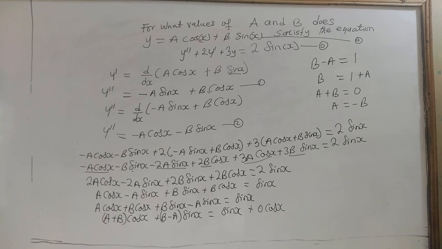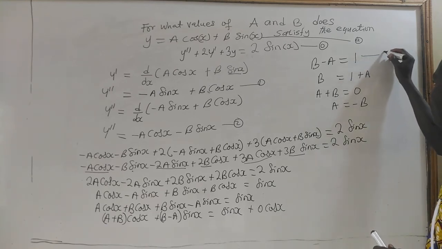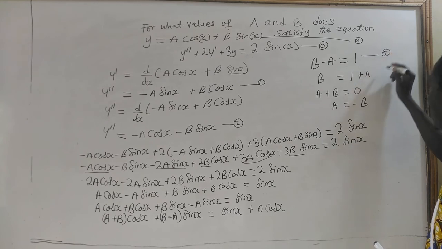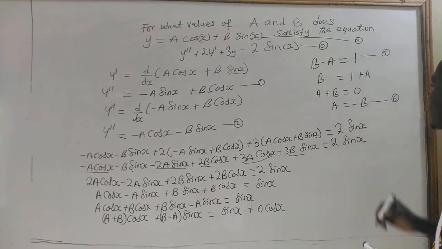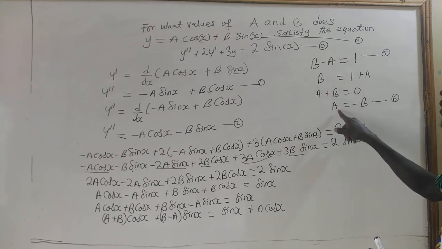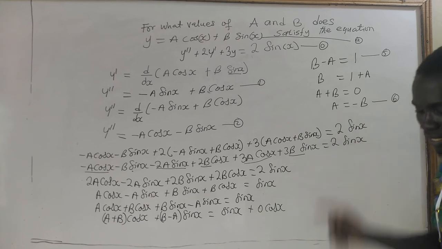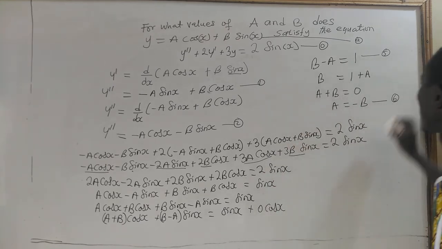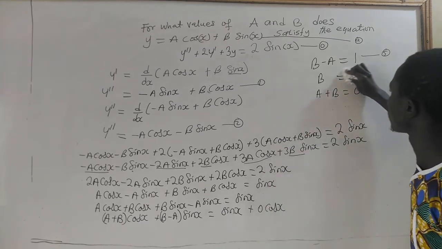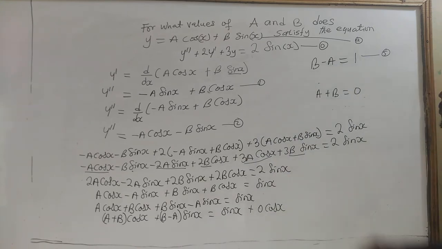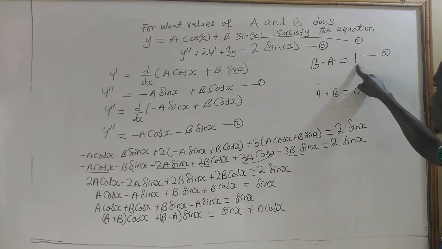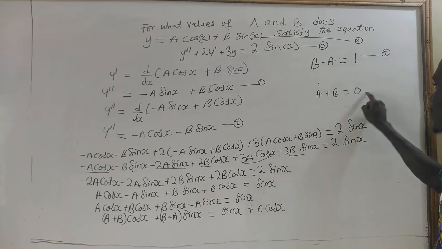So what do we have? We have equation 5, and let's name this one equation 6. So how do we solve it? A equal to negative B. Okay, let's take the initial ones and then solve. We have B minus A equal to 1 and A plus B equal to 0.